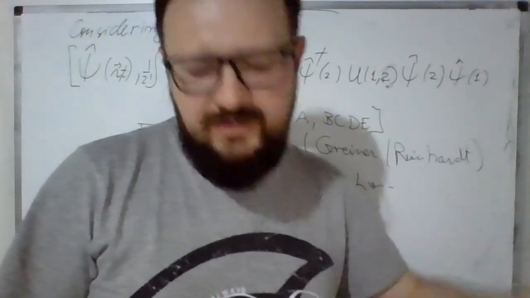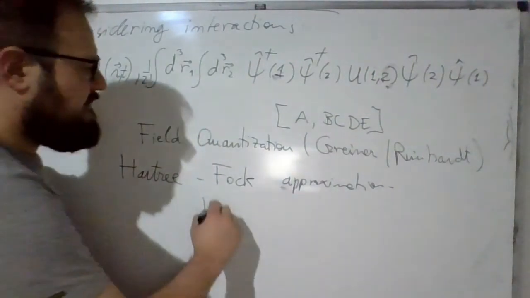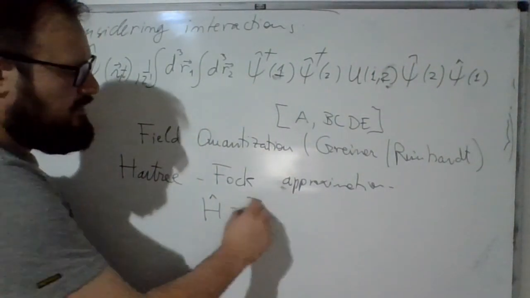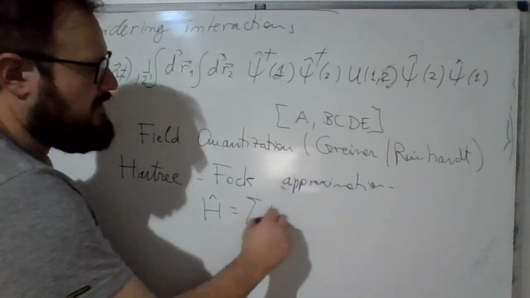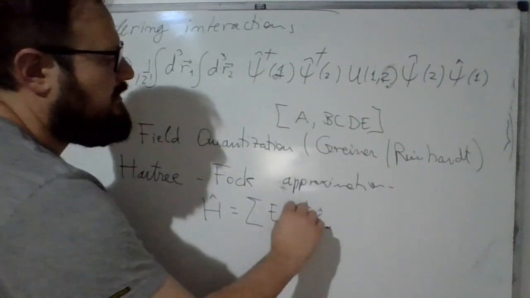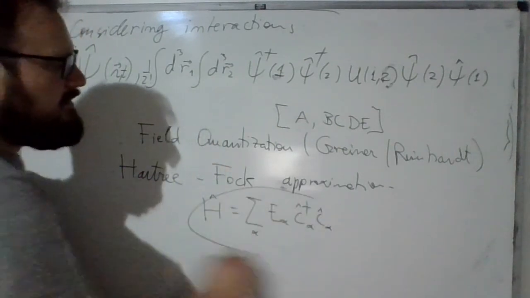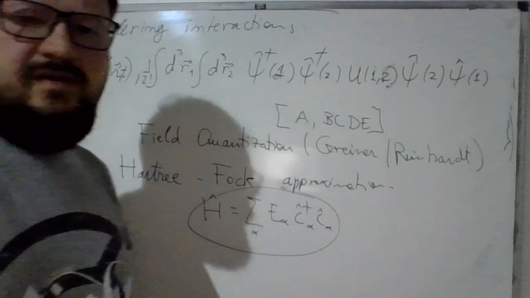And after that, just remember, we already have a Hamiltonian for non-interacting particles, which is an important scenario in many cases. We have the energy of the states alphas times the number operators. It is valid for non-interacting bosons or non-interacting fermions.